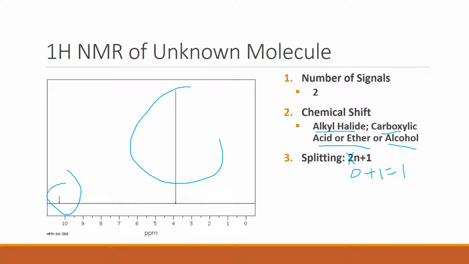Apologies, it should be 1 equals 1 plus 0, 1 minus 1 equals 0. Okay, and so that's our 0. We have no splitting. There are no adjacent hydrogens, which is another important thing to consider in how our atoms are going to be arranged.